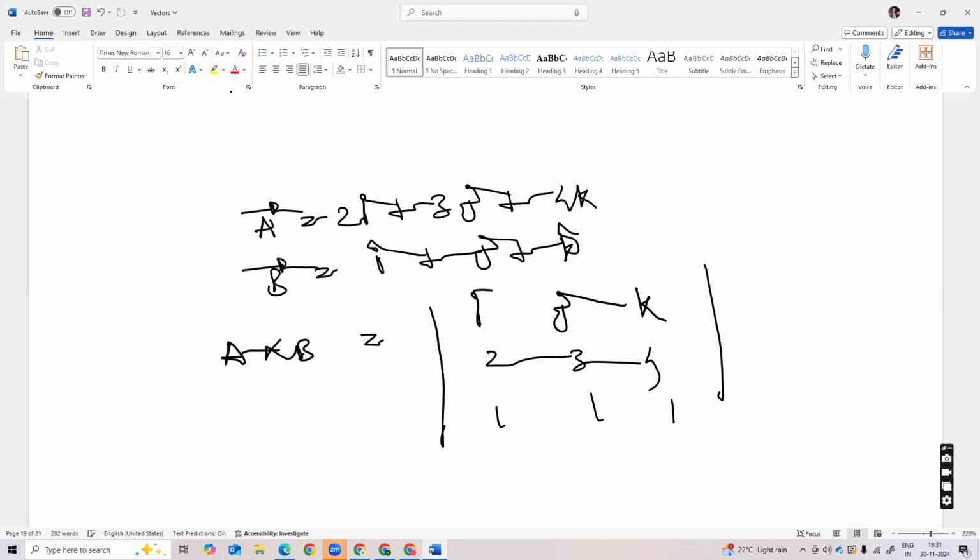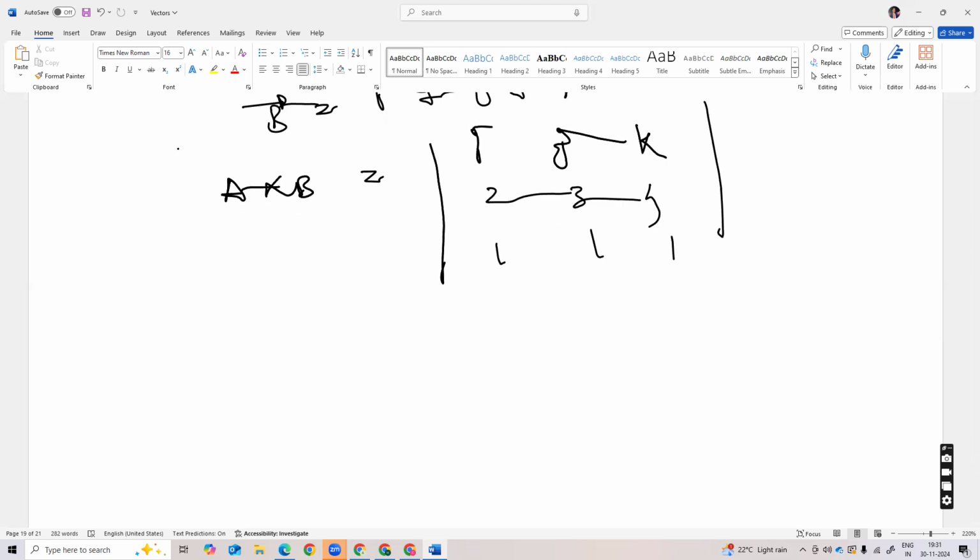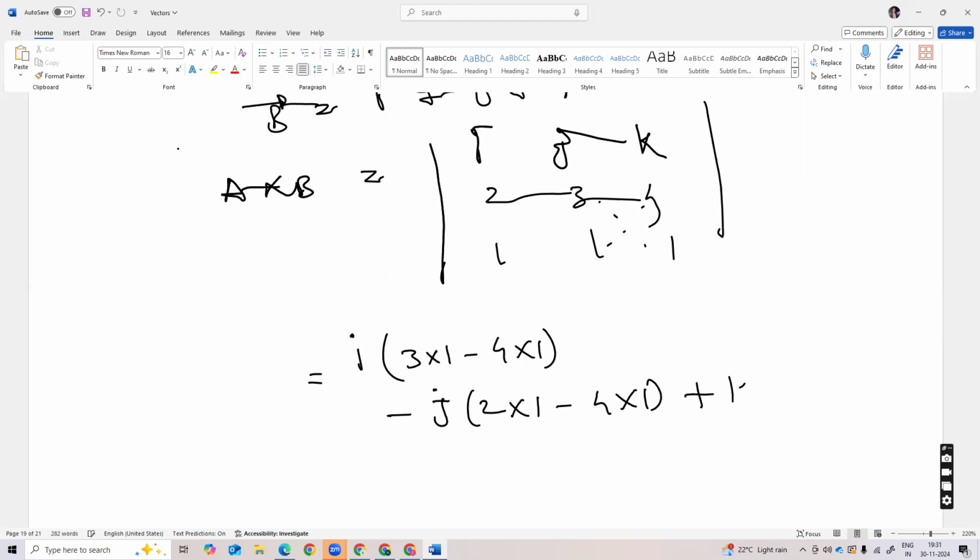So you will find out its determinant, so you will get i into 3 into 1 minus 4 into 1, minus j into 2 into 1 minus 4 into 1, plus k into 2 into 1 minus 3 into 1.